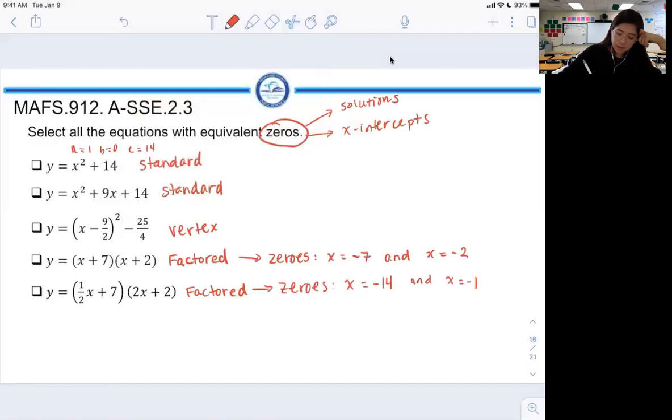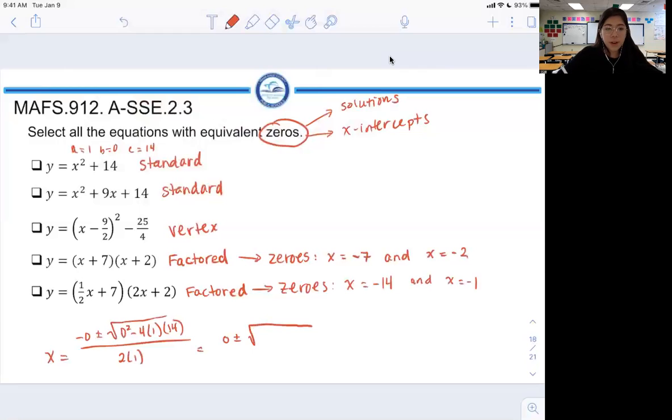So x equals negative B, negative 0, plus or minus the square root of 0 squared minus 4 times 1 times 14, all over 2 times 1. Negative 0 is just 0. So 0 plus or minus 0 squared is just 0.